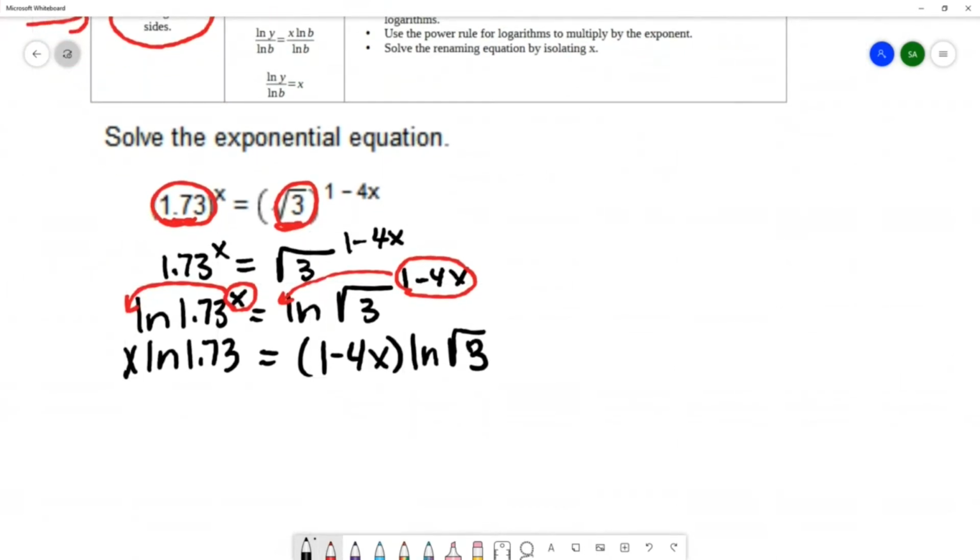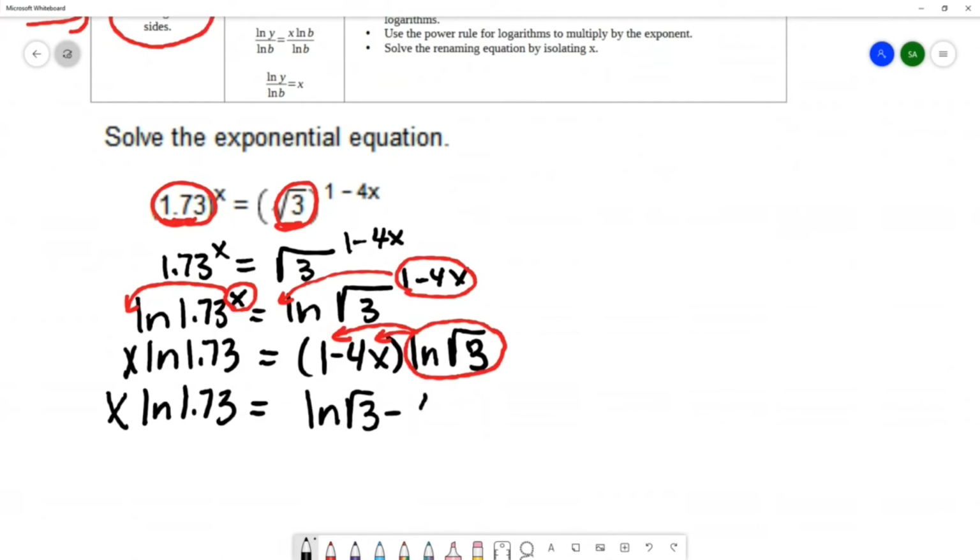Next, I'm going to use the distributive property so that I can get rid of these parentheses. I'll multiply natural log square root of 3 to both terms in the parentheses. And that will give x natural log of 1.73 equals natural log square root of 3 minus 4x natural log square root of 3.